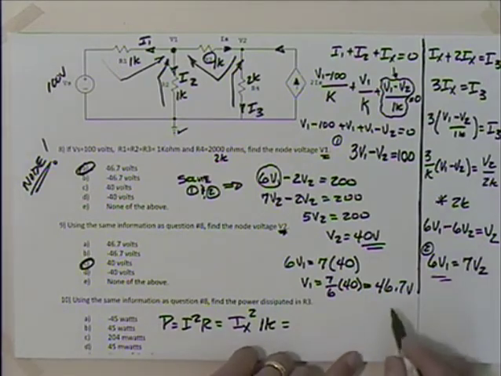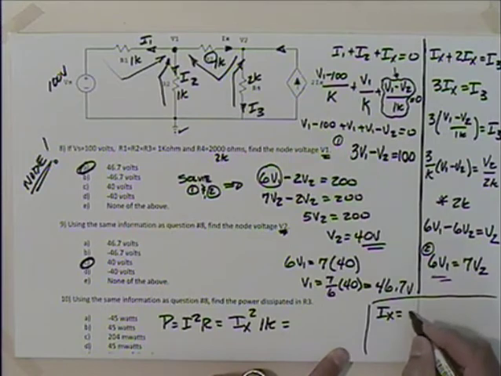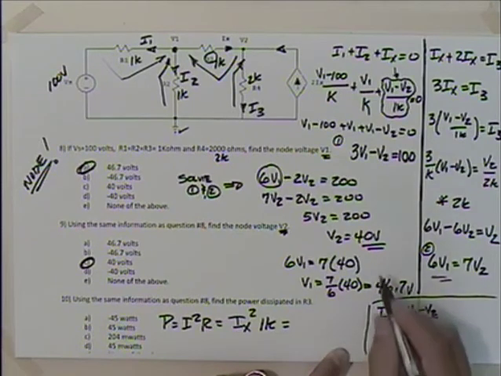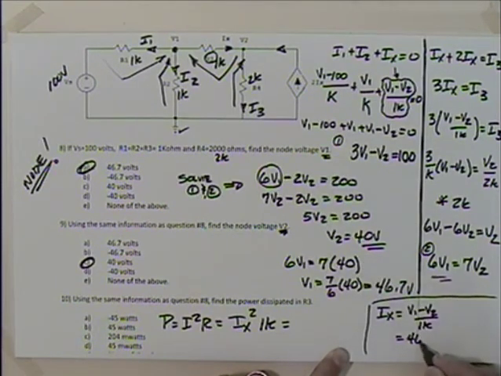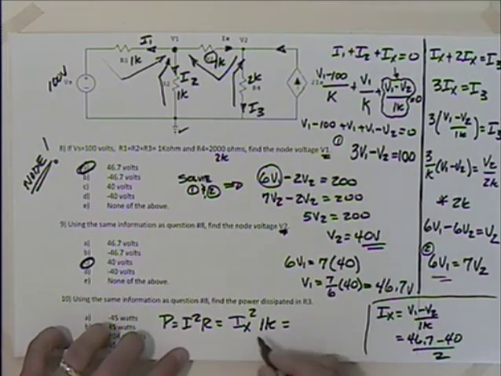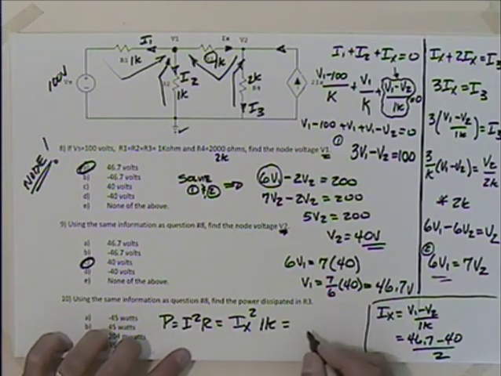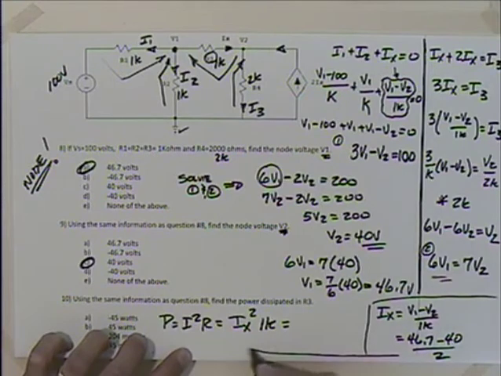I could say that Ix is equal to V1 minus V2 divided by 1K, which is, what's V1? 46.7 minus V2, which is 40, divided by 2. Okay. So you'll take that quantity, you'll square that, you'll multiply it by 1K. I'm running out of room here, so I'll just jump to that. So this is going to then go into there.